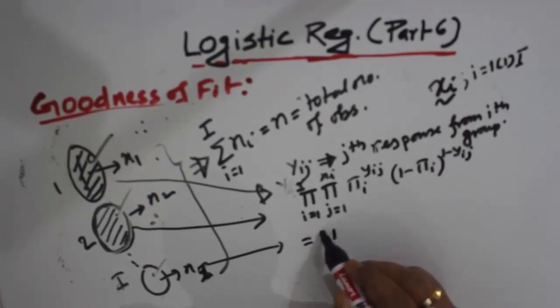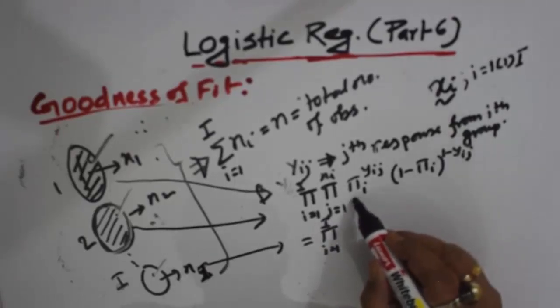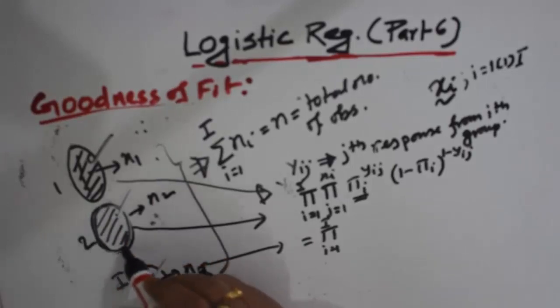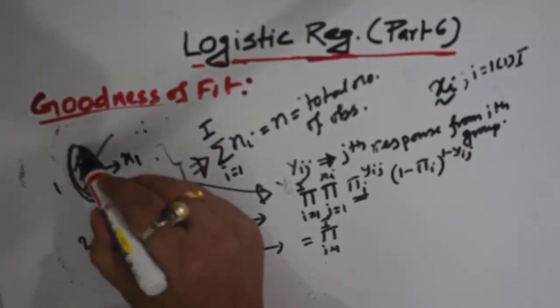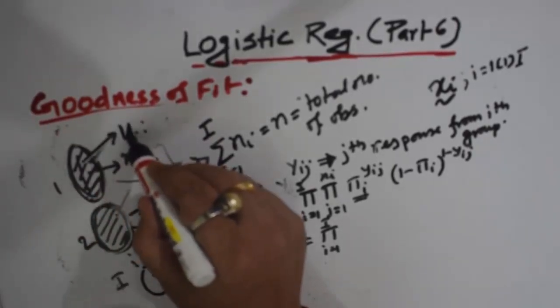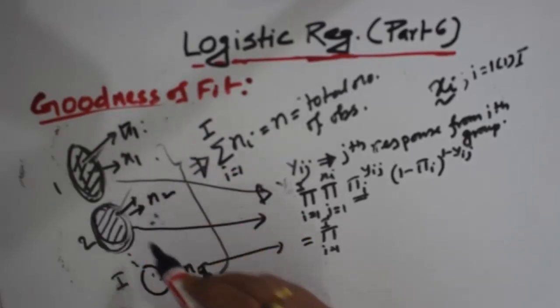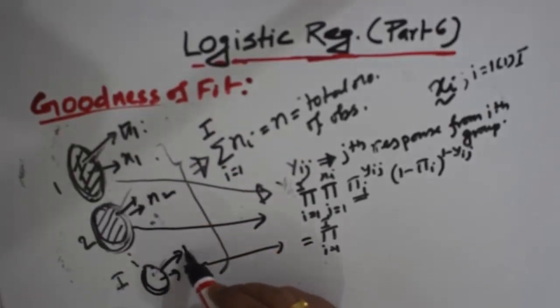This is equal to the product over i from 1 to capital I, because for this group pi 1 is fixed, for this group pi 2 is fixed, and for the ith group pi i is fixed.